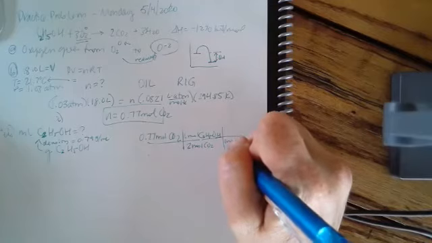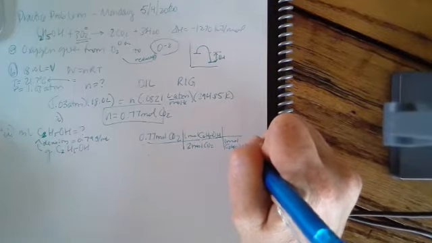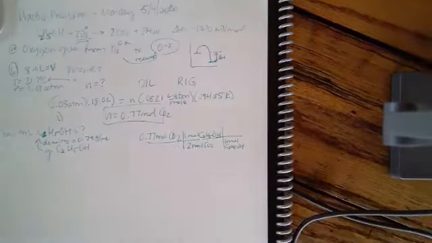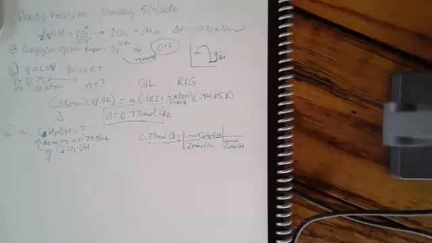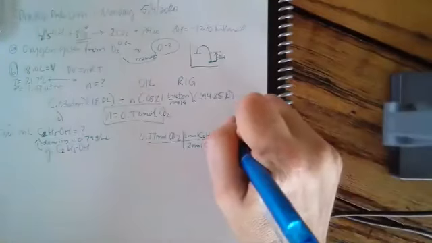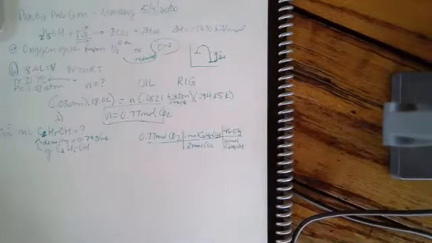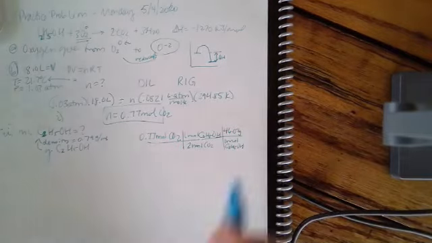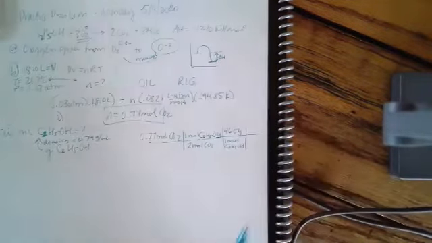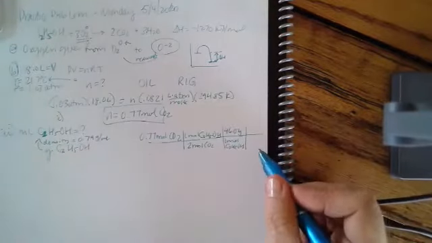1 mole of ethanol has how many grams? Let's figure that out real quick. It'll be 46.07 grams in a mole. And I'm going to squeeze my density in over here.